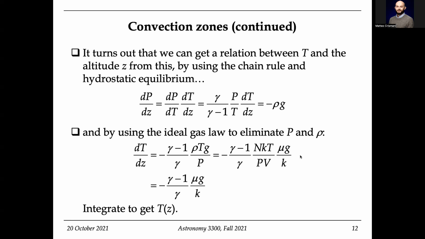We said this was in hydrostatic equilibrium, so we already know what this piece is. It's minus rho g. The reason that the pressure changes has only to do with minus rho g. But now we have an ability to find out how the temperature changes with altitude just by taking this and putting it on the side. So now I have something like dT/dZ, and I have all of this here.